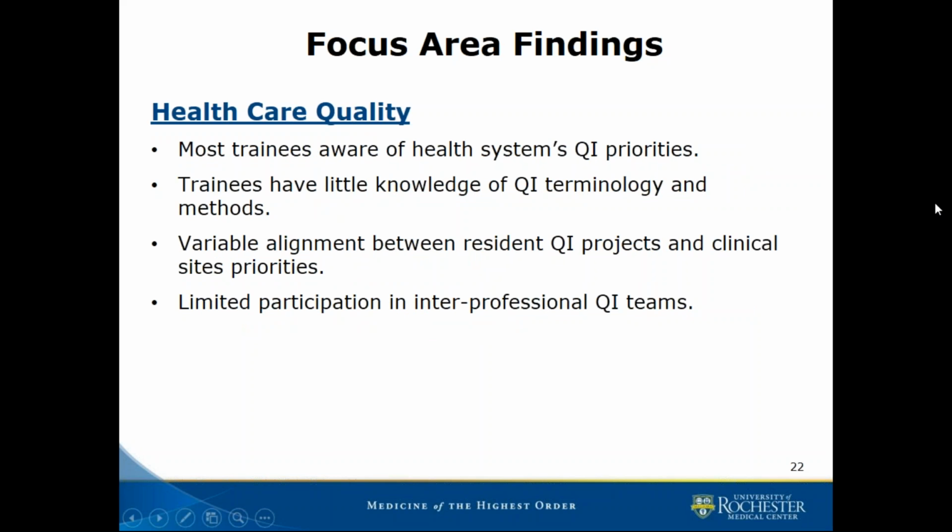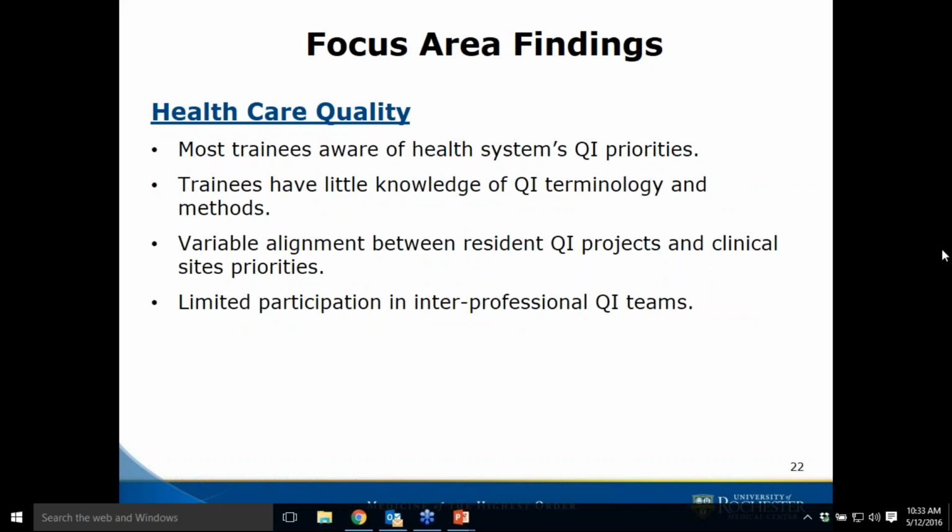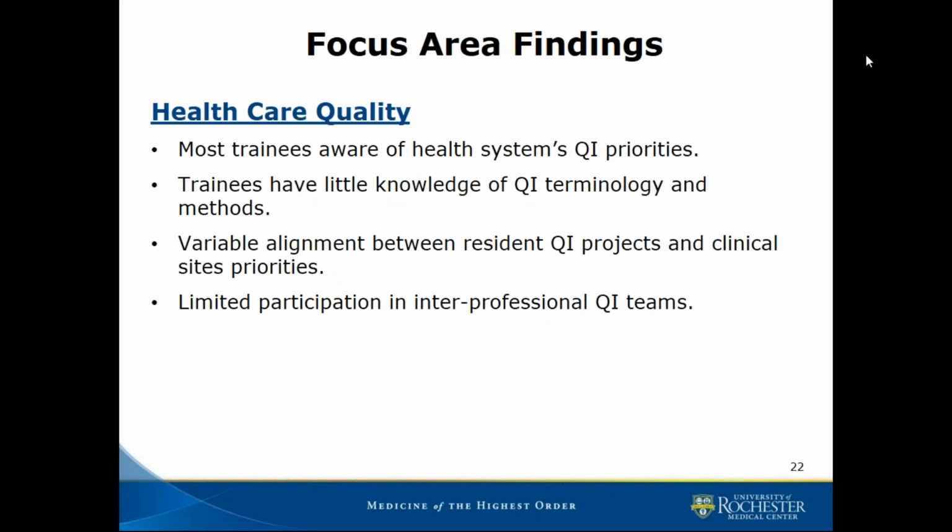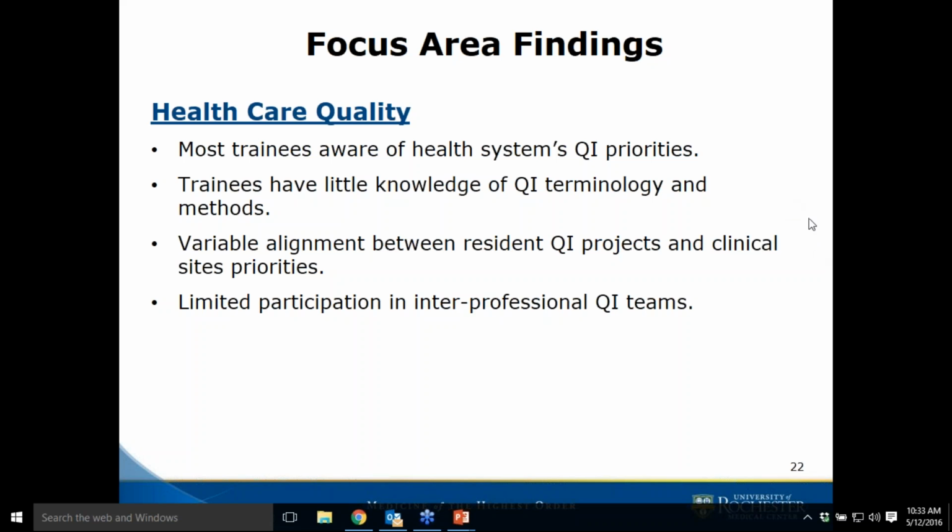As far as quality is concerned, when the trainees were asked what the system's priorities are, many of them could say hand washing and things like that, but they couldn't talk through how to do quality improvement in the more formal ways. There was also real variability between the kind of quality projects the resident might be doing and what the clinical environment really wanted them to do.